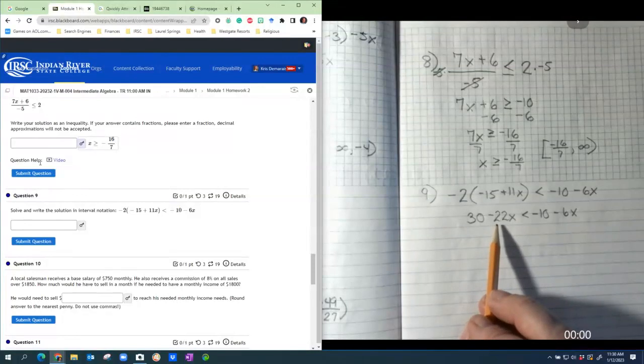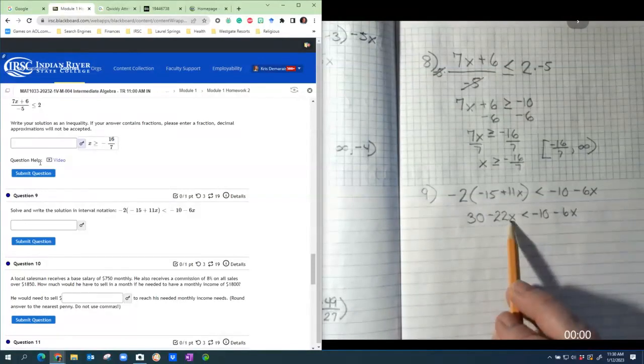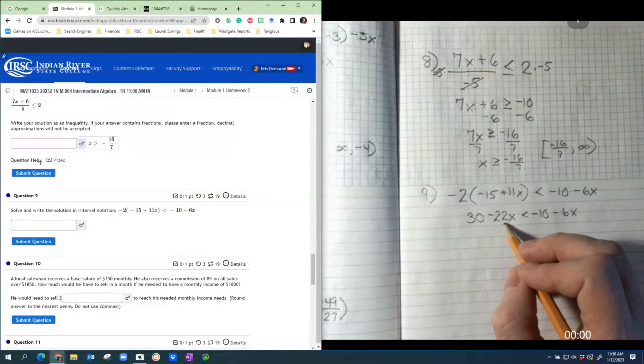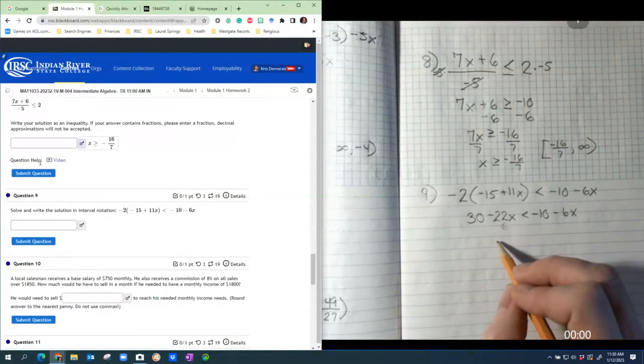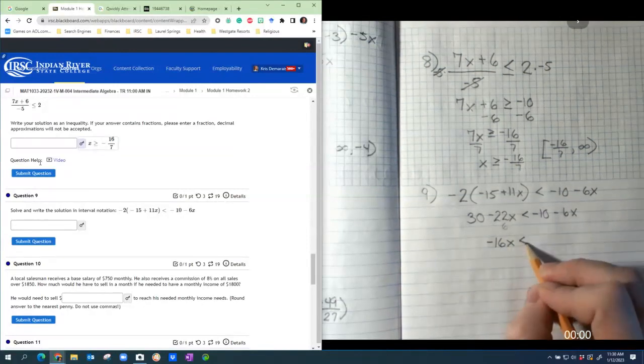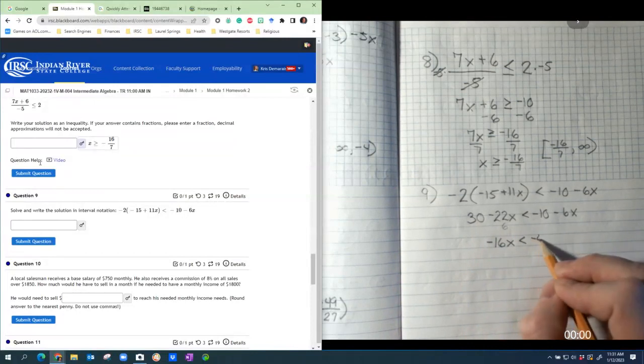Now I'm going to bring my like terms together, keeping my variable on the left side. I'm going to bring the 6 over, added to that. Adding 6, I'm going to get negative 16x. And then I'm going to subtract 30 from both sides and get negative 40.